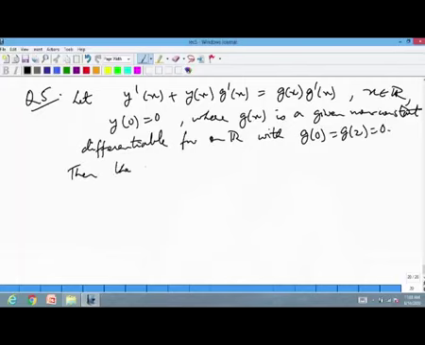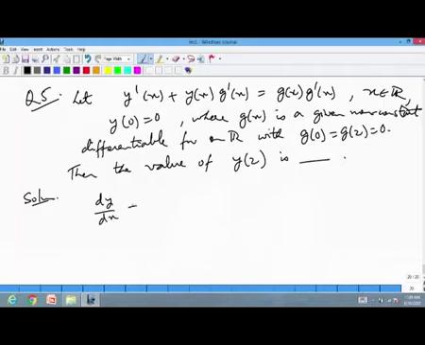Then the value of y of 2 is what? So, what we have is dy dx plus g prime x times y is equal to g x times g prime x.